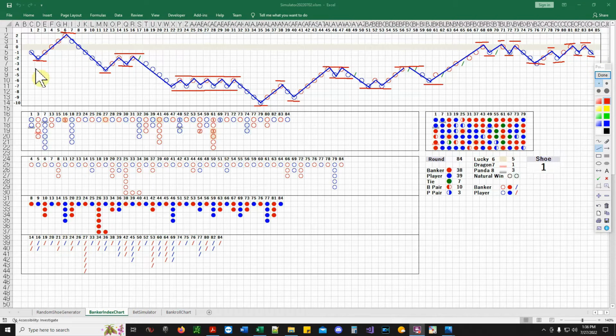Also, you get to see your market structure.